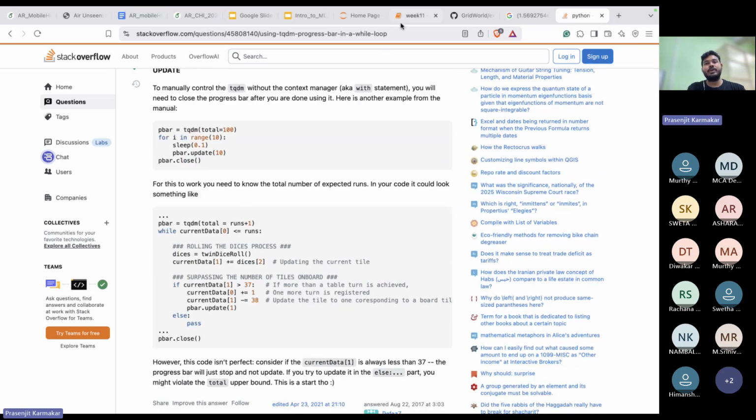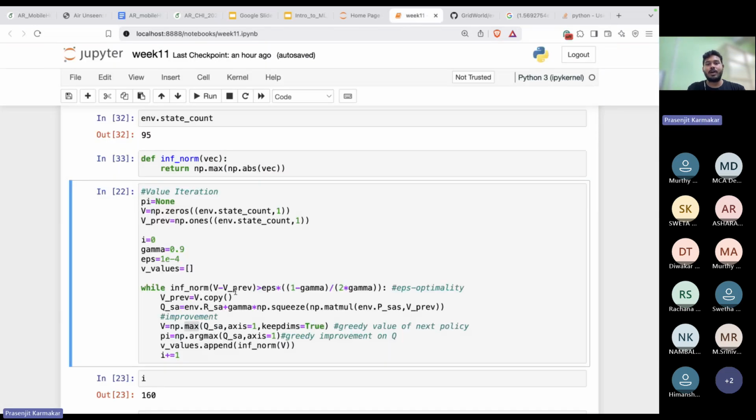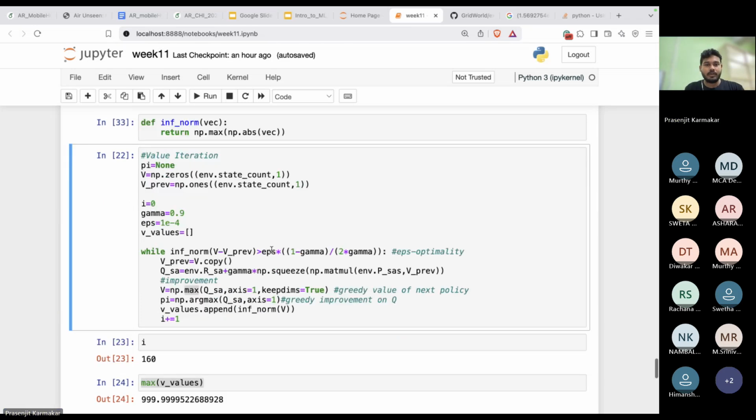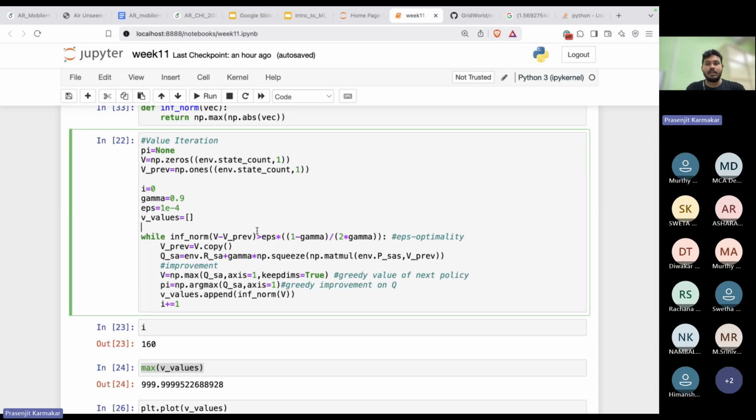No, we cannot do a tqdm here, right? Because we don't know how many loops it will take. We don't know the upper bound, so doing a tqdm doesn't make sense because I cannot compute the percentage bar. There is no progress bar that I can do. It's kind of a convergence thing.